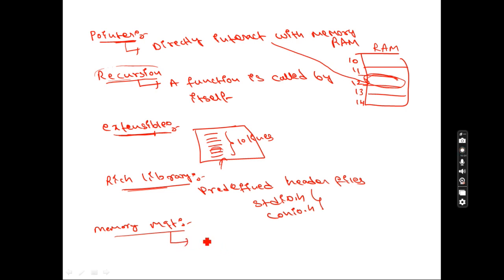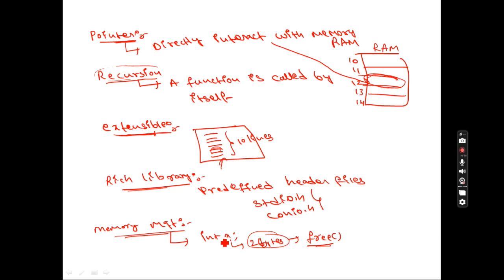Once you have allocated the memory, for example if I write int a, it will allocate 2 bytes of memory for the variable. If you want to deallocate this memory, the concept we use to free the allocated memory again is the free function. This way we manage the memory in the computer. These are the very important features of C language.